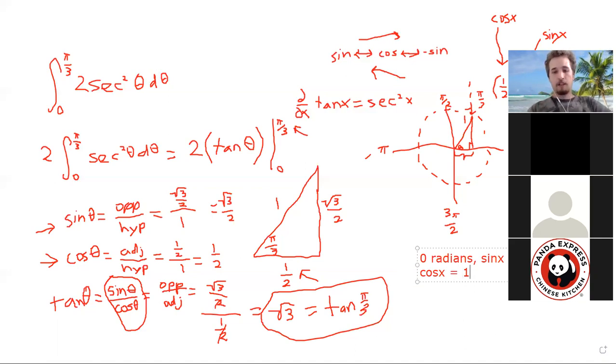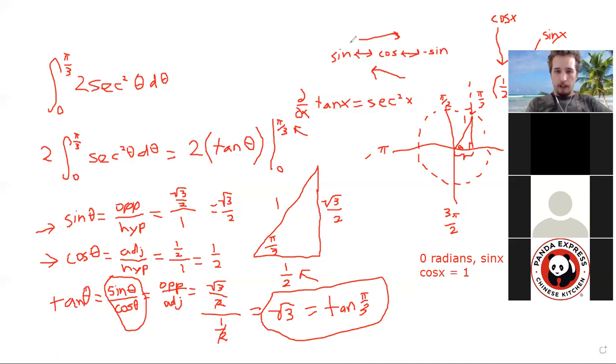So if sine is 0 and cosine is 1, what's tangent going to be equal to? Javi, do you agree with Alfonso? Yeah. Yep, perfect.